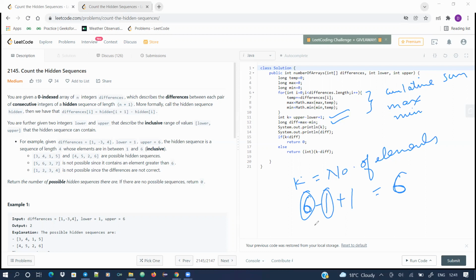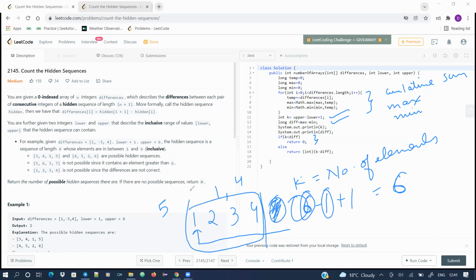And first we are checking the difference. Suppose we got the difference as 5, but our range is only from 1 to 4. Is it possible to form a sequence which is given in that range, like 1, 2, 3, 4, 5? Because the minimum element, even if we take as 1, plus 5 is 6, and out here our range is still 4.